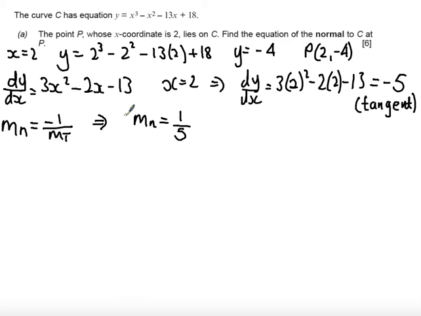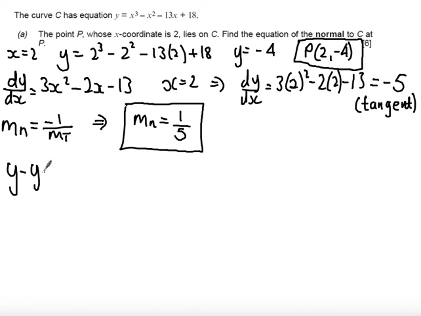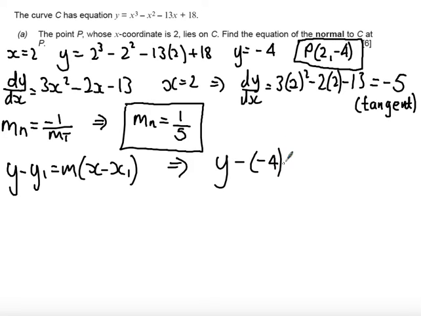Okay, so at this point I've got a gradient and I've got a point, and so finally I can find the equation of my line. So using y minus y1 equals m(x minus x1), I'm going to substitute in my values. So I get y minus 4 is equal to 1/5 (x minus 2).